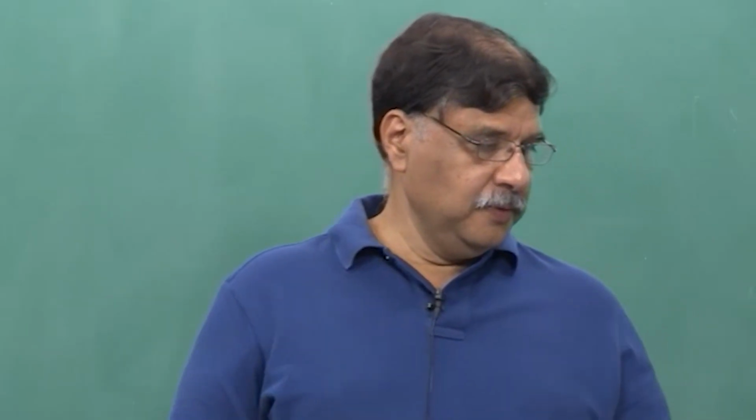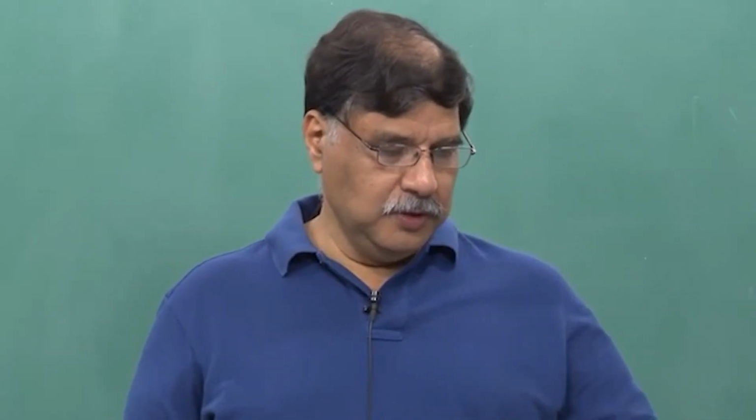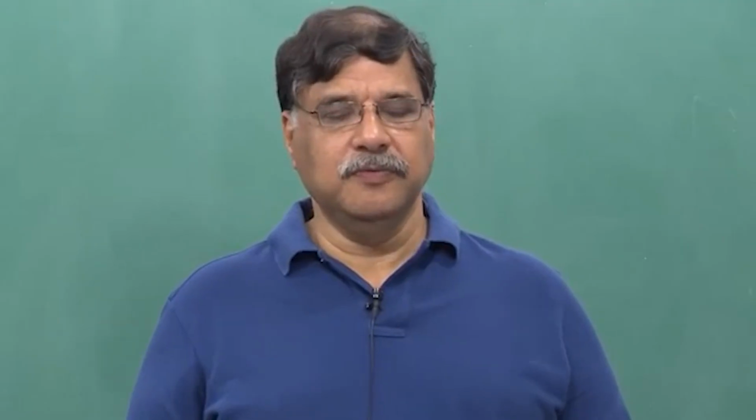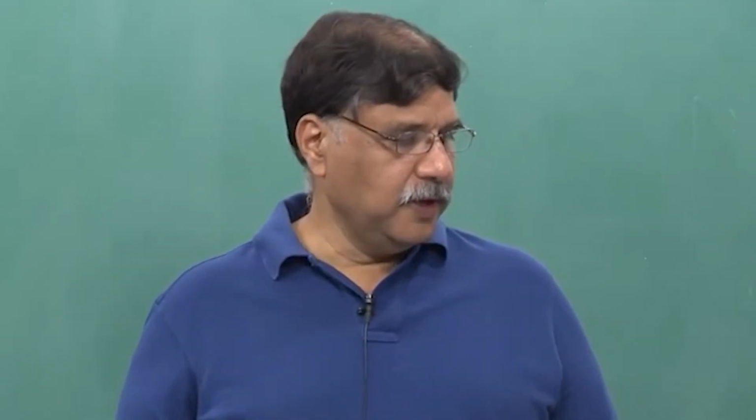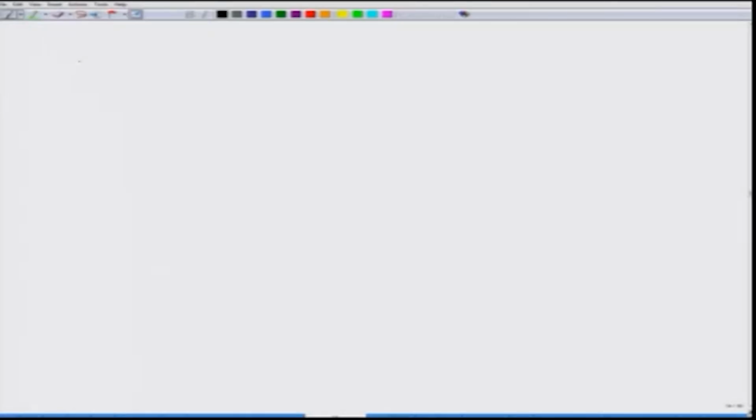In this lecture, we will conclude the vector review of vector algebra by solving a few problems. So, I am going to solve problem number 1, which is this figure.